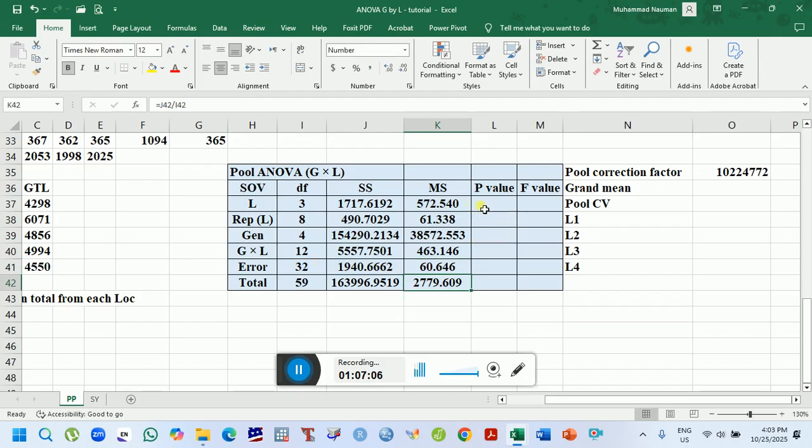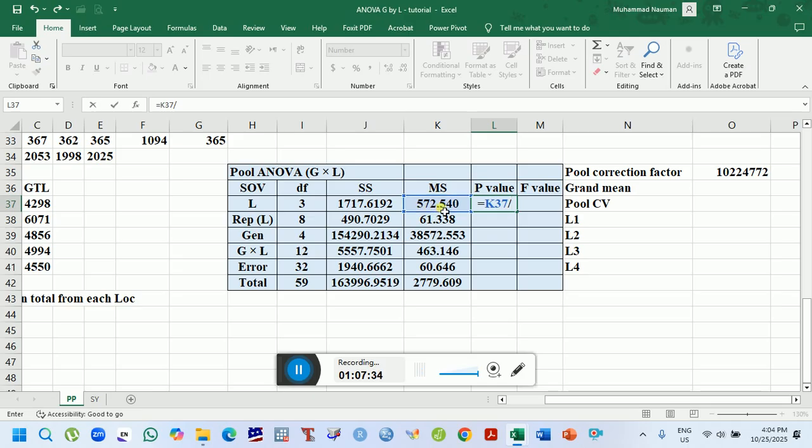Now we'll calculate the p-value of location. Probability value is equal to mean square divided by, this will be divided by replication within location as an error term, only this value, and the rest of the values will be divided by the error mean square.